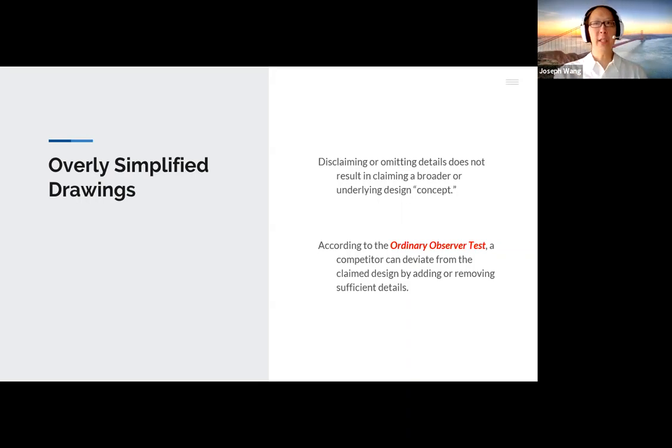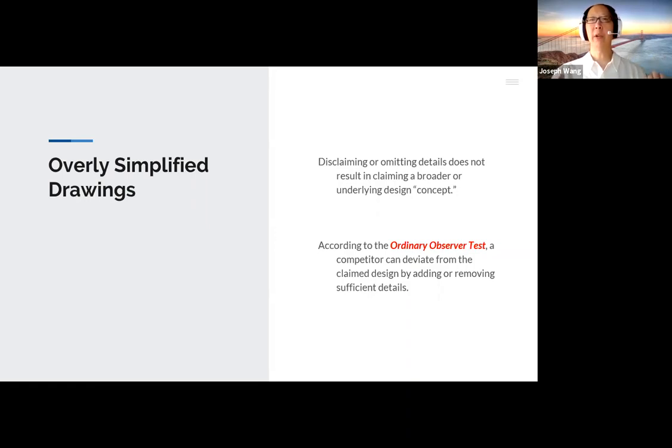So it's not a frivolous suit. But they would have a very easy defense by saying an ordinary observer giving the attention that a purchaser usually gives would not confuse a single stripe shoe for a 3-stripe shoe.